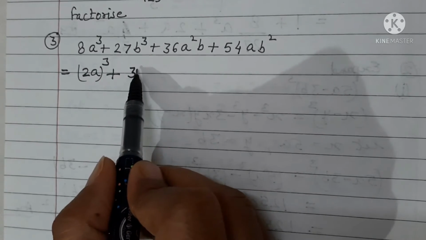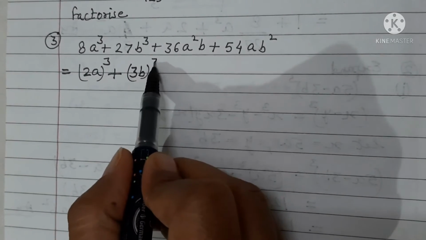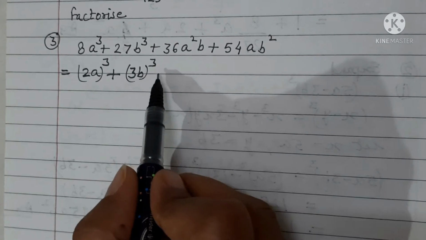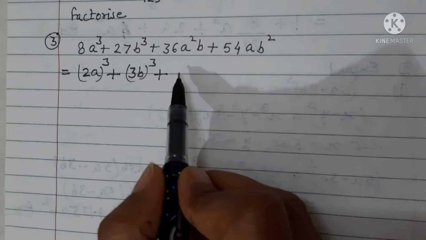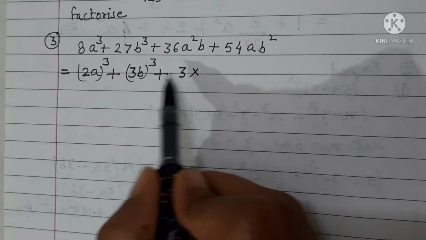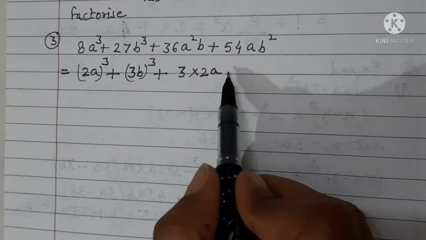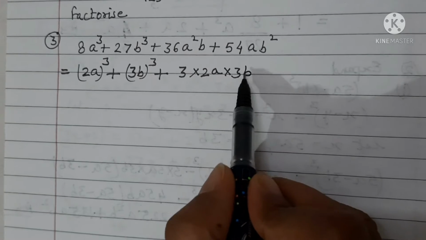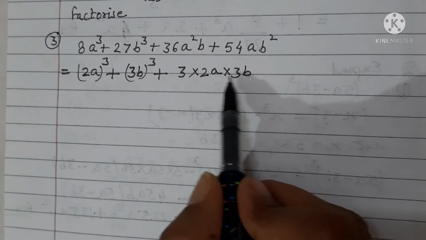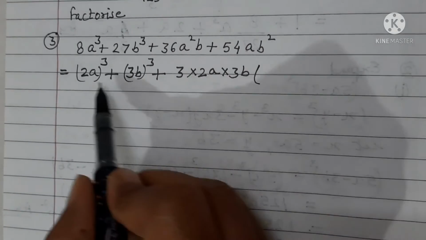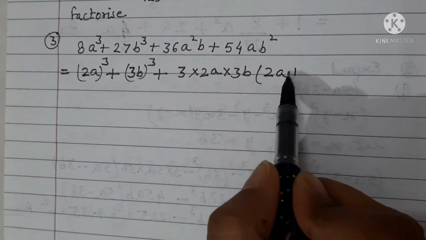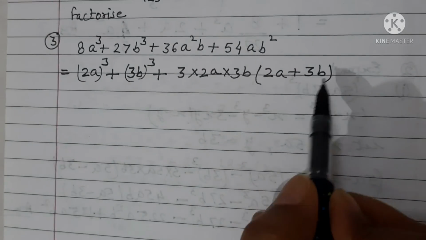So you can write it 3b whole cube. Now a cube plus b cube plus 3ab, 3 into 2a and b means 3b, 3ab, a plus b means 2a plus 3b.